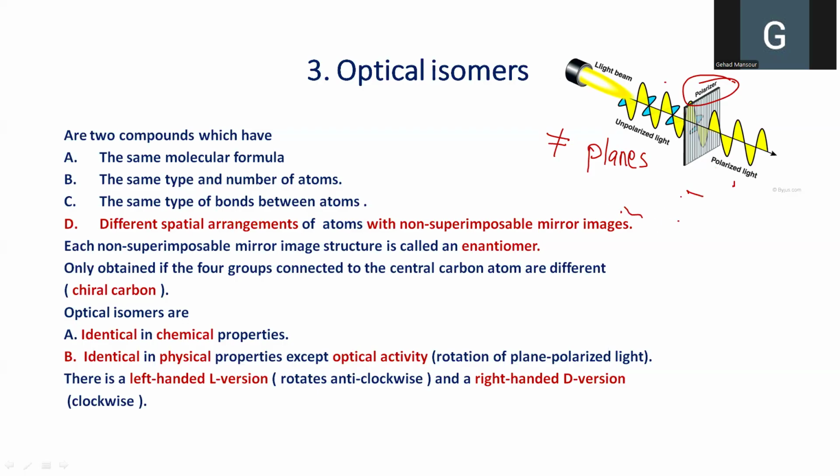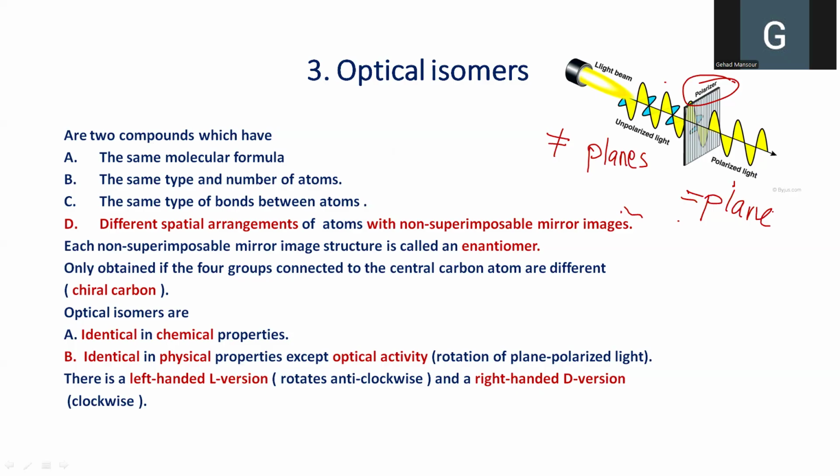So they all have the same plane. So unpolarized light means light that consists of electromagnetic waves that travel in different planes, whereas polarized light consists of electromagnetic waves that travel in the same plane.